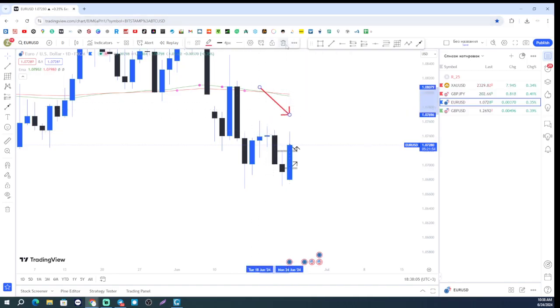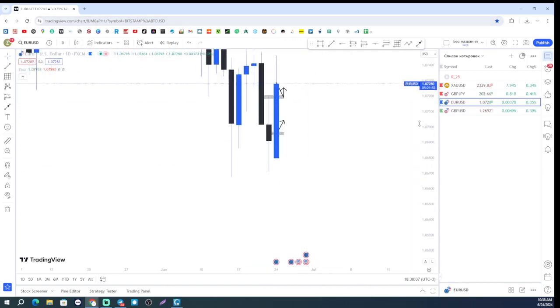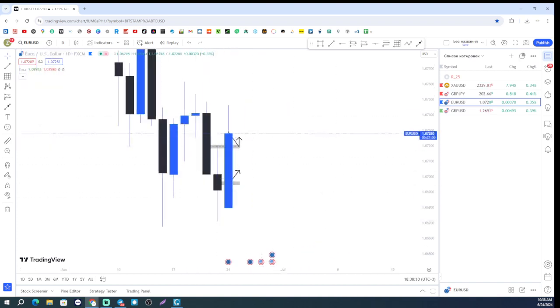What we can do right now is, if you want to take a trade, even then we have to expect that it's not gonna be a very strong signal, guys. That's my only opinion, but you can do whatever you want.